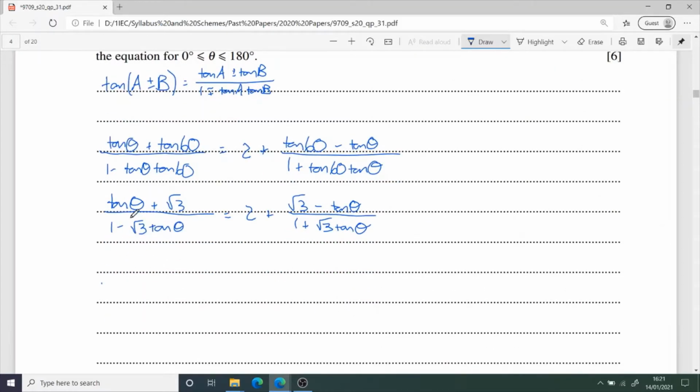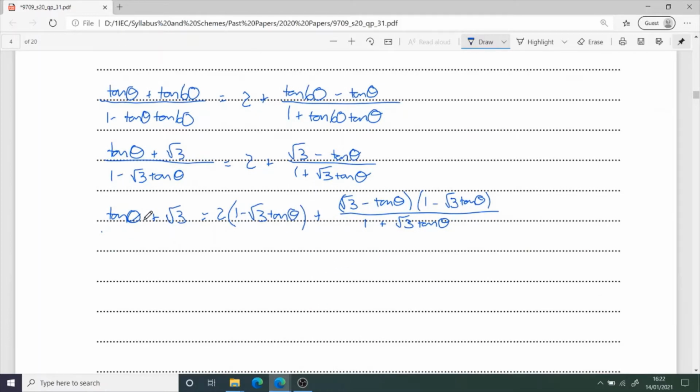Let's multiply by this one first, and we get tan theta plus root 3 is equal to 2 times 1 minus root 3 tan theta plus root 3 minus tan theta times 1 minus root 3 tan theta divided by 1 plus root 3 tan theta.